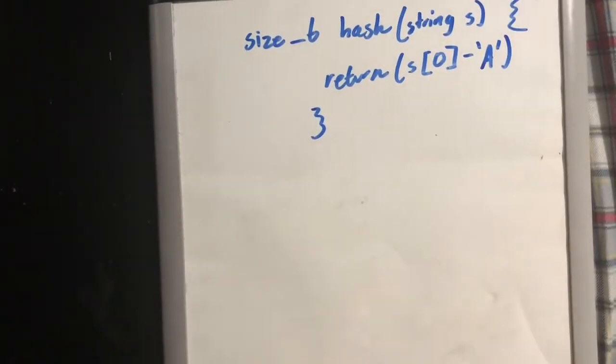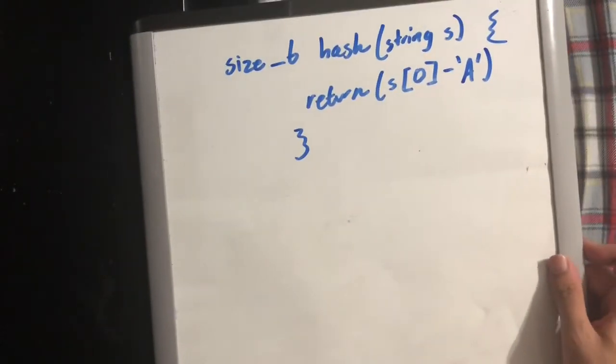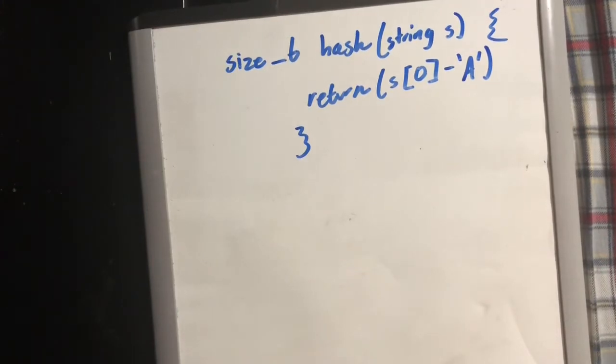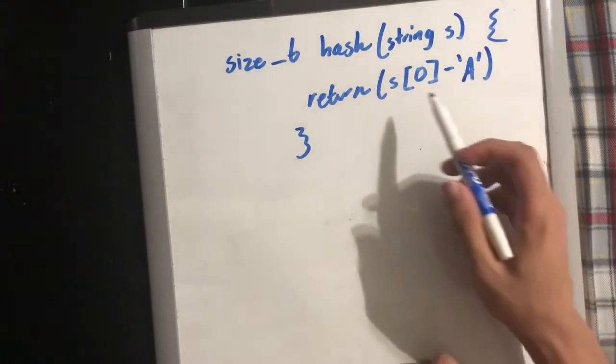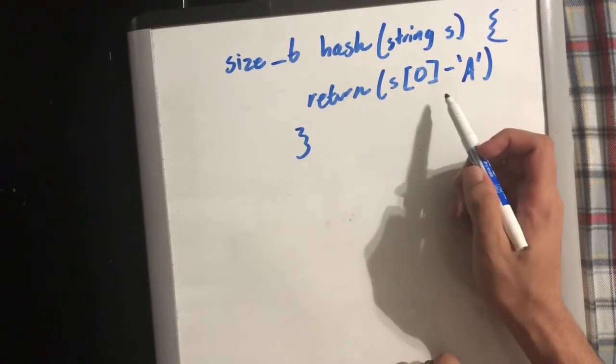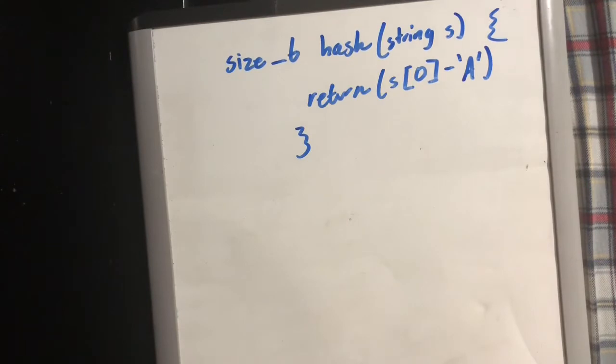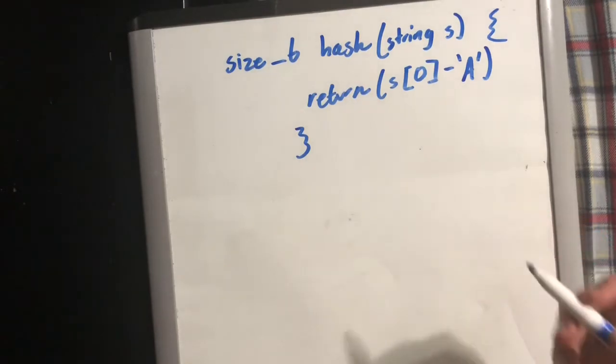Now suppose I had a function that looked like this for my hashing function. Suppose I wanted to find out where the string cat would go, into which bucket. So what I would do is look at the first letter in cat, which is C. That means we'll do C minus A, and we figure out that the value is 2.